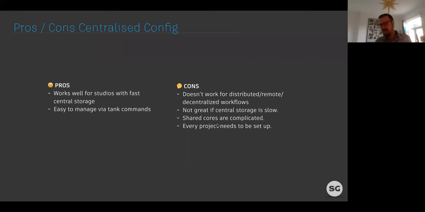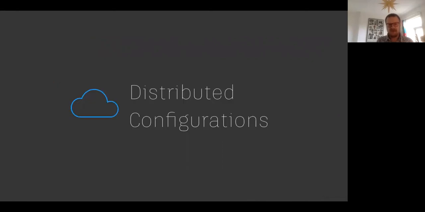Some concepts can be tricky and complicated to manage, like shared cores, for example. There's a whole bunch of config and admin that can be required, and you have to do this for every single project. So this takes us up to the topic of today, which is distributed configurations. And essentially the story around this is pretty simple.